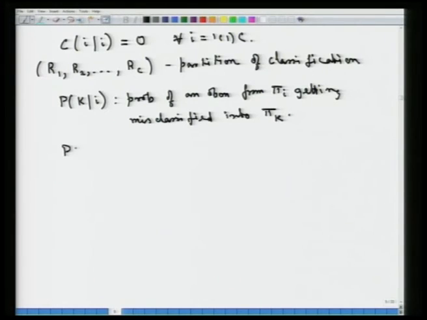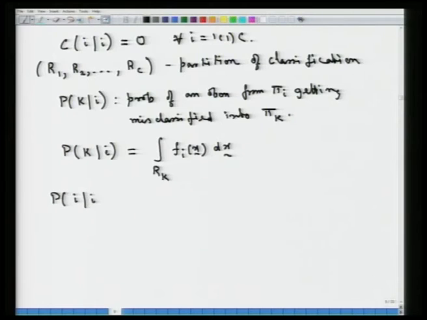Now, what is this equal to? P k given i. So, this is going to be the integral over the region R k, because we are putting it into the kth population, wherein the observation as such is coming from the ith population. So, it has got a density f i x dx, right.